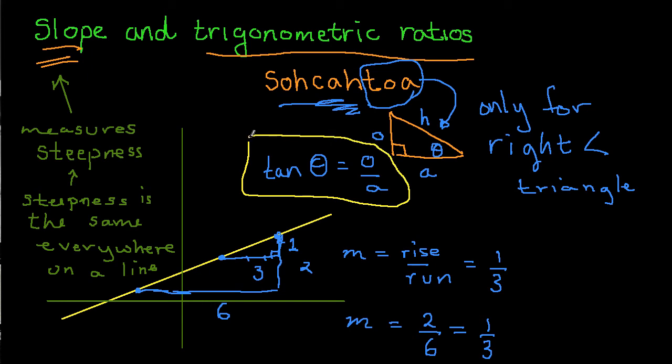Now, this angle right here is a feature of this triangle. And these right angle triangles show up on lines when we draw in the rise and the run. So we get a little right angle triangle like that.